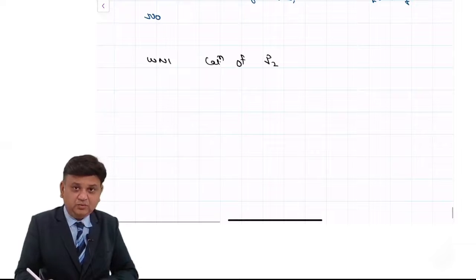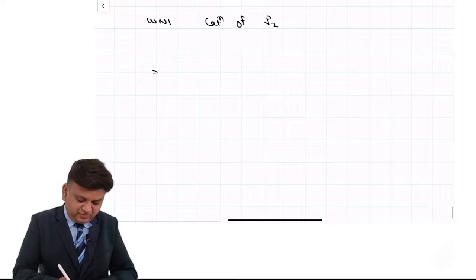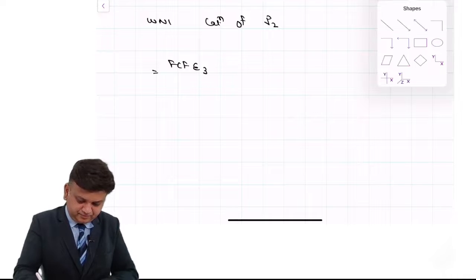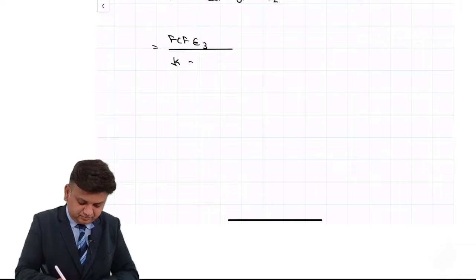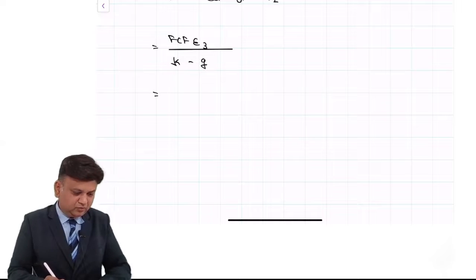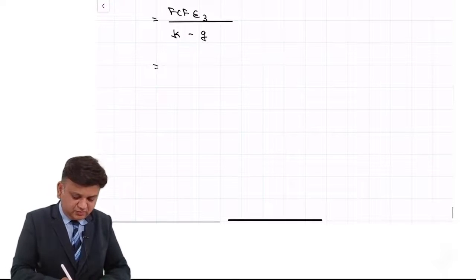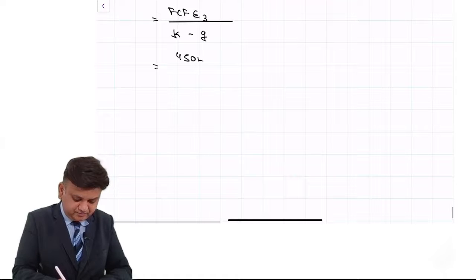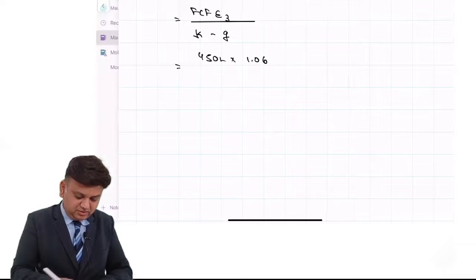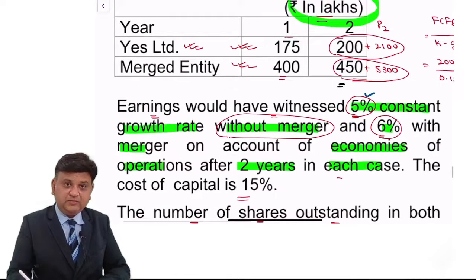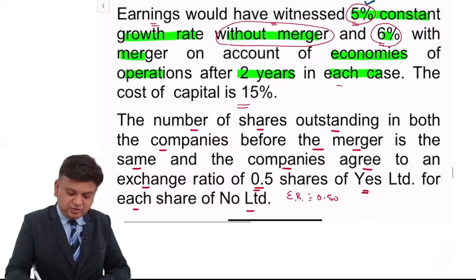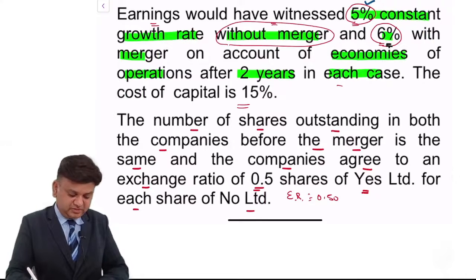Calculation of P2. P2 will be found as free cash flow for equity for the third year divided by K minus G. So what is the second year cash flow? It is 450 lakhs into 1.06. Because, dear students, this is 450 lakhs and post acquisition the growth rate is going to be 6%.